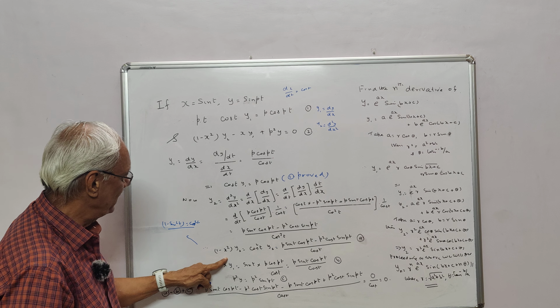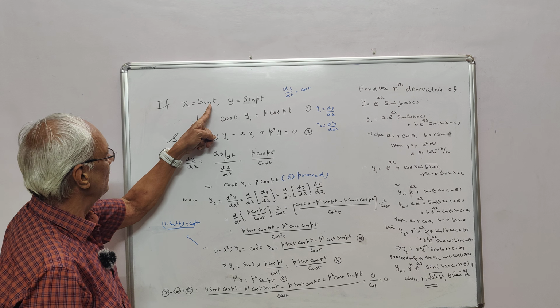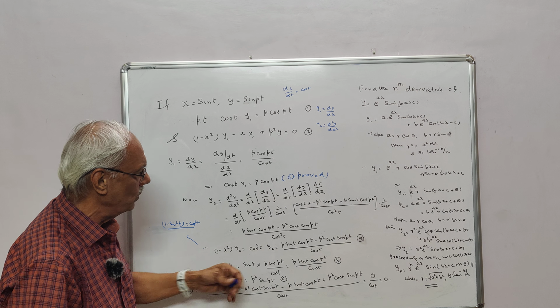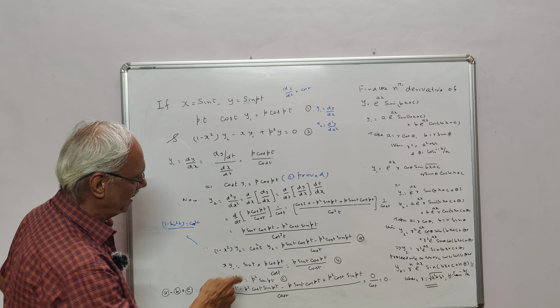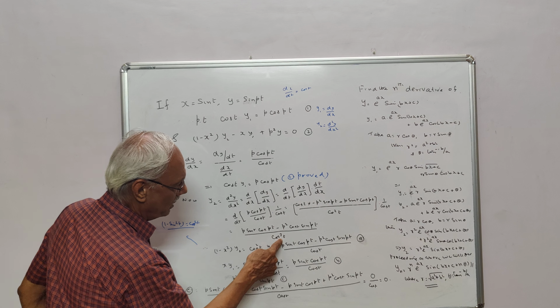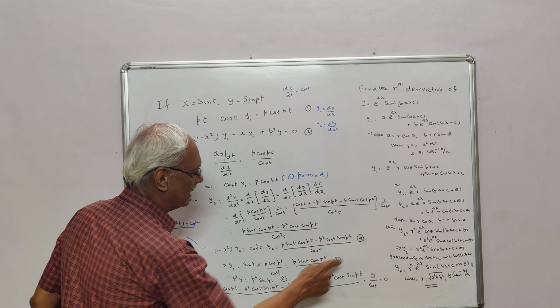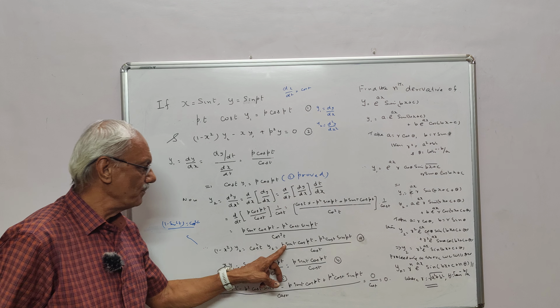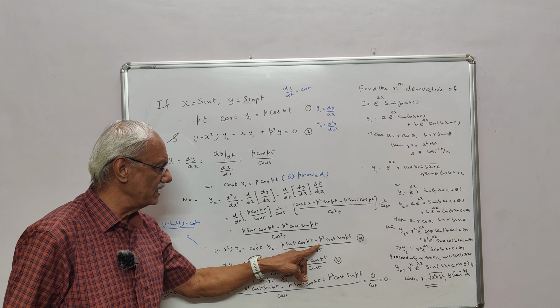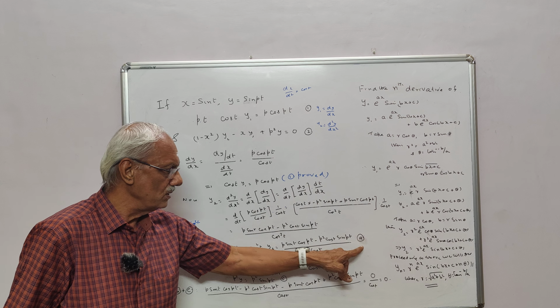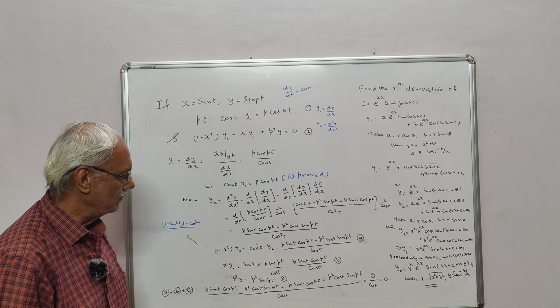So you see that in this place 1 minus sin square t is cos square t. Therefore cos square t into y2: multiply throughout by cos square t, so cos square t and 1 by cos square t will go off, giving you cos t. So on simplification you get p sin t cos pt minus p square cos t sin pt divided by cos t. You call it result 1.